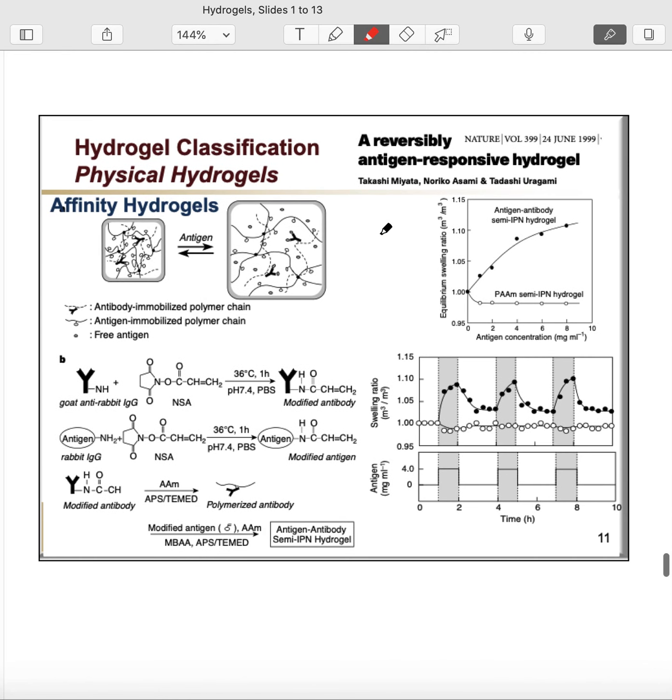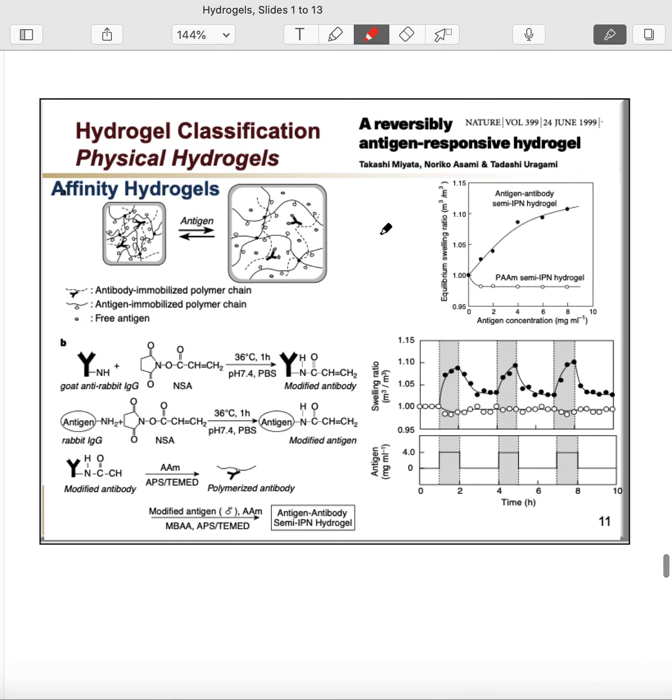Another example of a physical hydrogel cross-linked through affinity interactions is this system where they're utilizing an antibody and a target, or antibody-antigen interaction. I don't recall, to be honest, what the target was in this particular system, but what was interesting is that they basically polymerized the antibody.